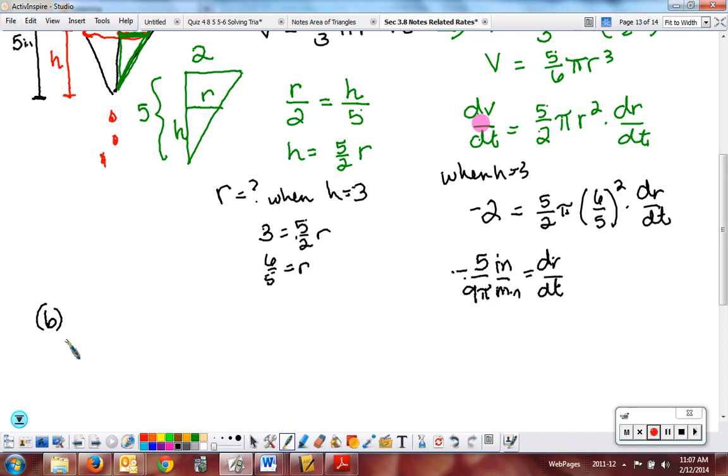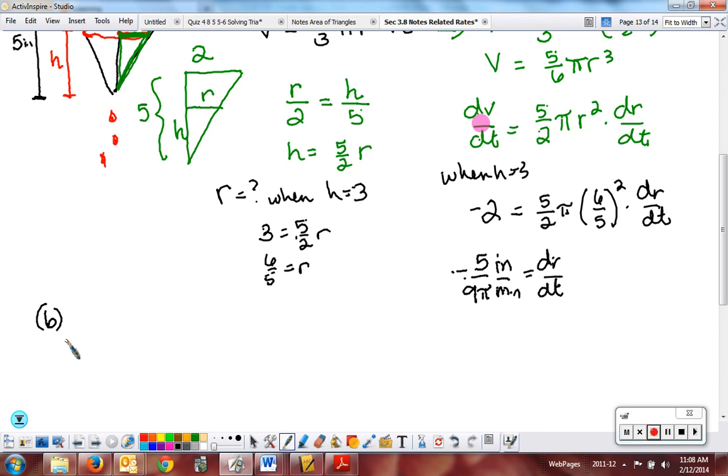Can you guys answer the question? When h is 3, when the height, sentences, when the height is 3 inches, what? The radius of the cherry mixture is decreasing, 5/9 pi.